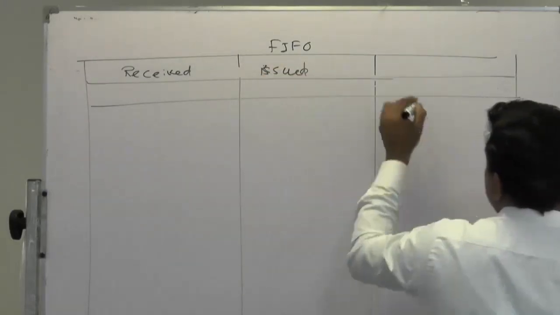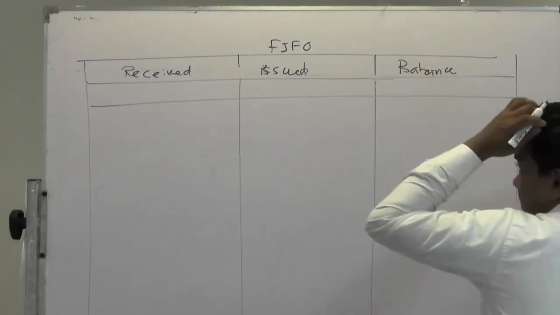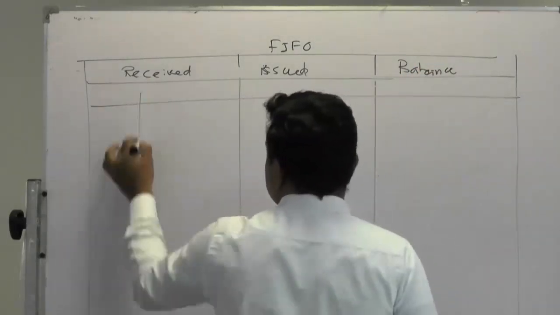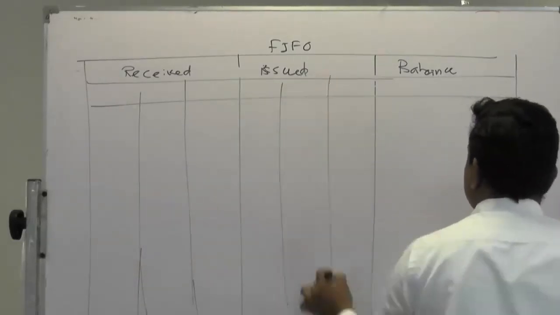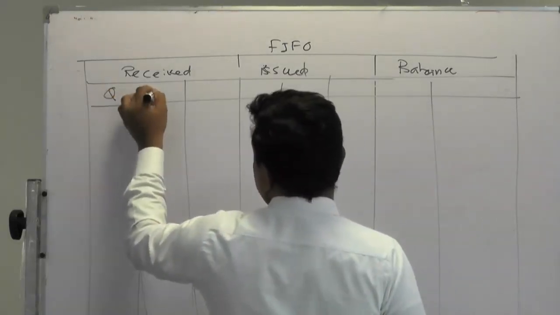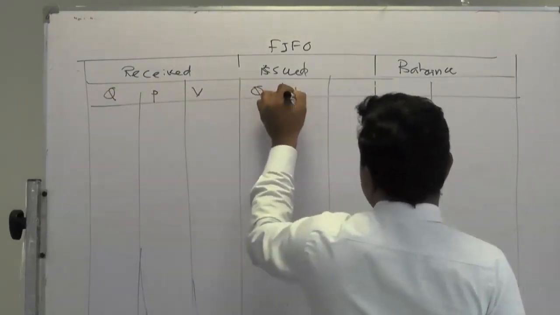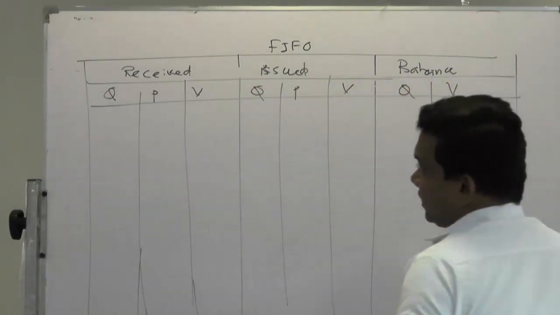Issued and balance. Since you have 3 questions, you can immediately prepare this using your draft sheets. Quantity, price, value, quantity, price per unit, value, quantity and value. Let's take.